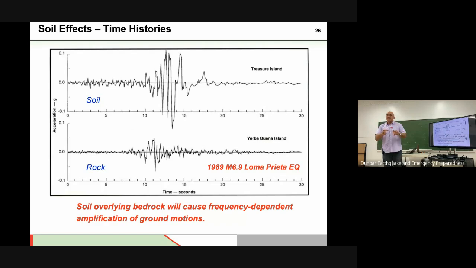It's rock, and the motion was there. In Treasure Island, there was a lot of liquefaction, and although it is 1 kilometer apart, the motion was very, very different from one side to the other. And this is why ground motions are important.